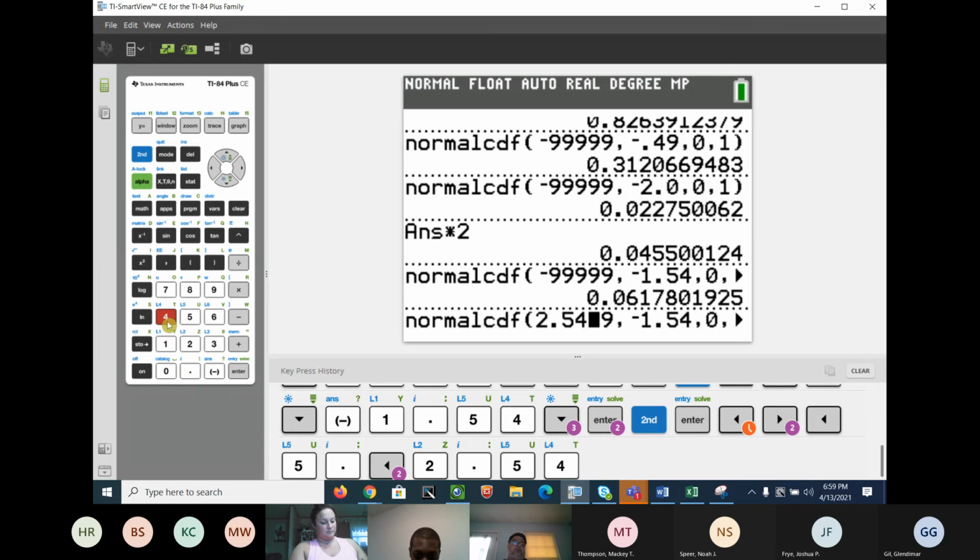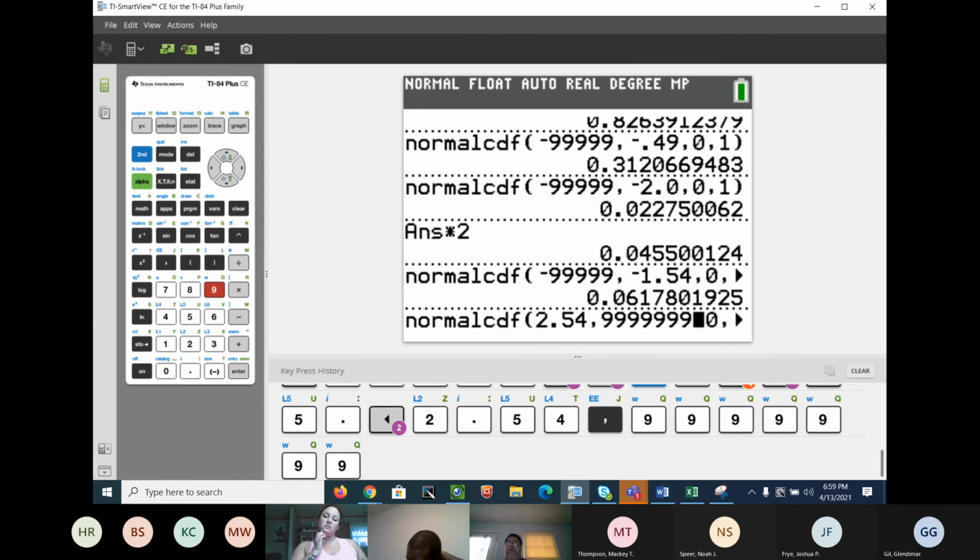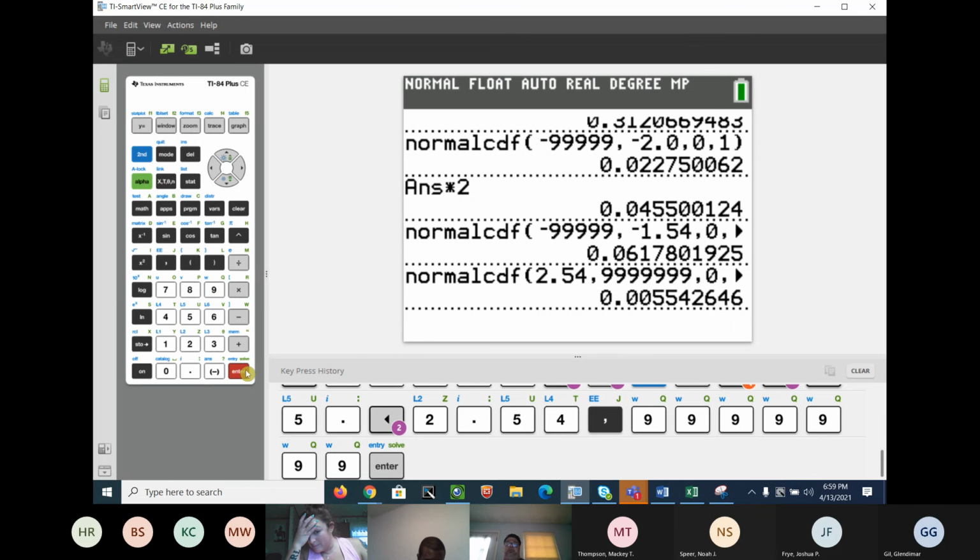Now watch what I do here. If you've got a new calculator, I'm going to just put all nines because I don't want to mess this up. So I'm just going to hit 9999 until I get to that comma. Okay, and hit enter. That's if you got a new calculator. So 0.0055. I hope I got this right.